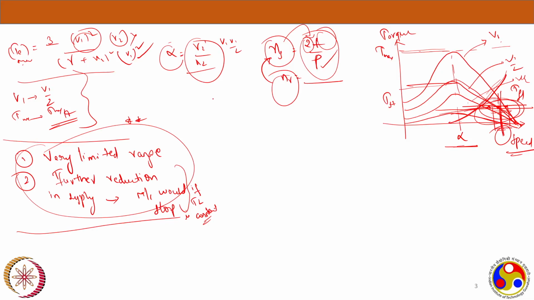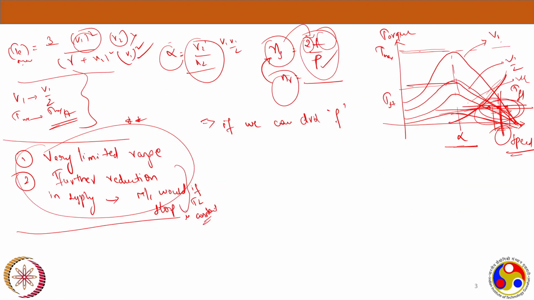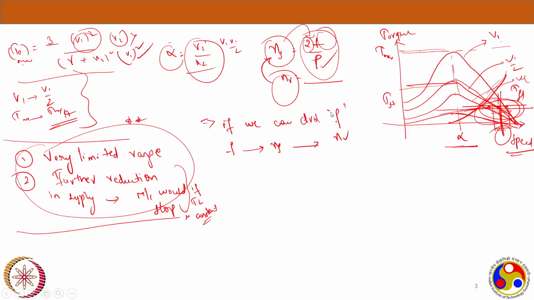We can clearly see from this expression of nr that if we can control the frequency, ns will be controlled. ns will change because f is changing, and nr will automatically get affected by the change in ns.